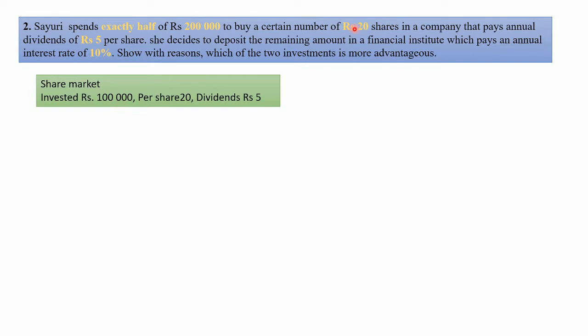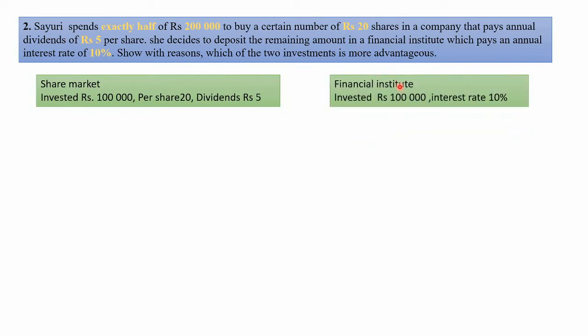They told us the price is 20 rupees per share, and they give dividends at the end of the year of 5 rupees. The next investment is a financial institute where she invests 1 lakh. The interest rate is 10%. So you have to find out which investment is the most profitable one.